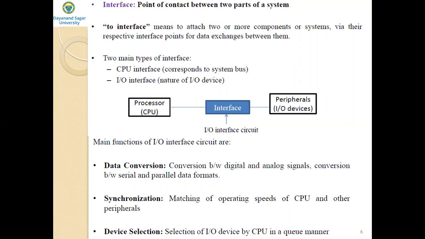So what do you mean by input and output interface? Input and output interface is a special communication link for interfacing the peripheral devices with the CPU.